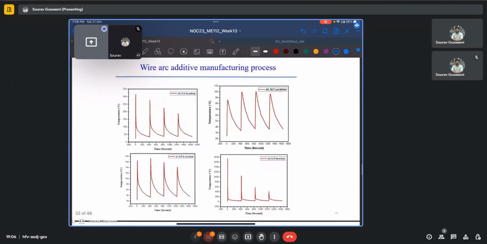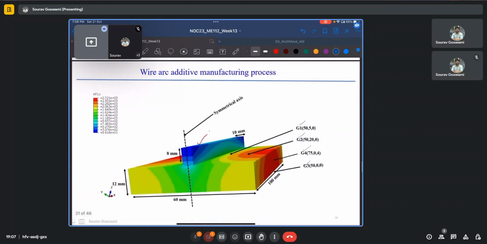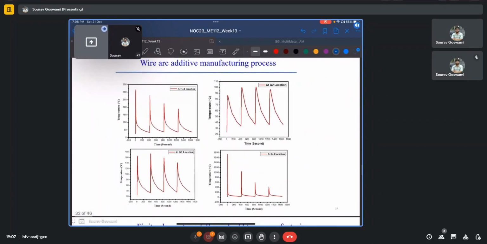Based on the position of these points, we see that the temperature profiles obtained are different. To correlate with an experiment, we can weld thermocouple wires at these locations, G1, G2, G3 and G4, and corroborate the temperature profiles with the simulations.